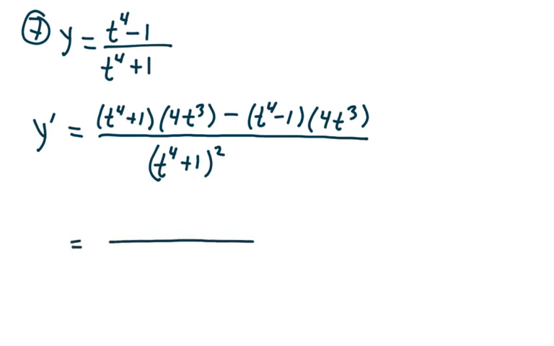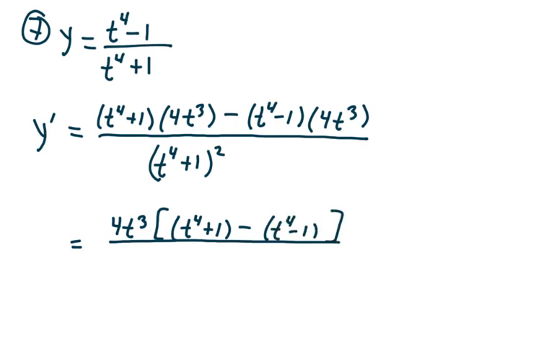To simplify this, I'm going to factor out a 4t cubed in the numerator. If I take out a 4t cubed from the numerator, in parentheses, I'm going to get t to the 4th plus 1 minus t to the 4th minus 1, and I'm going to divide by t to the 4th plus 1 raised to the second power.